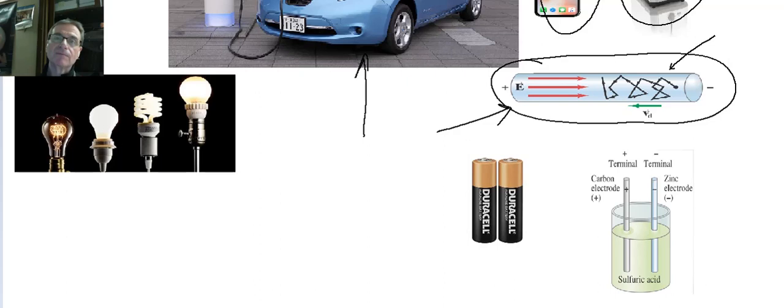If, however, I placed a set of positive charges over here and a set of negative charges over here, I would be setting up an electric field inside of this wire.